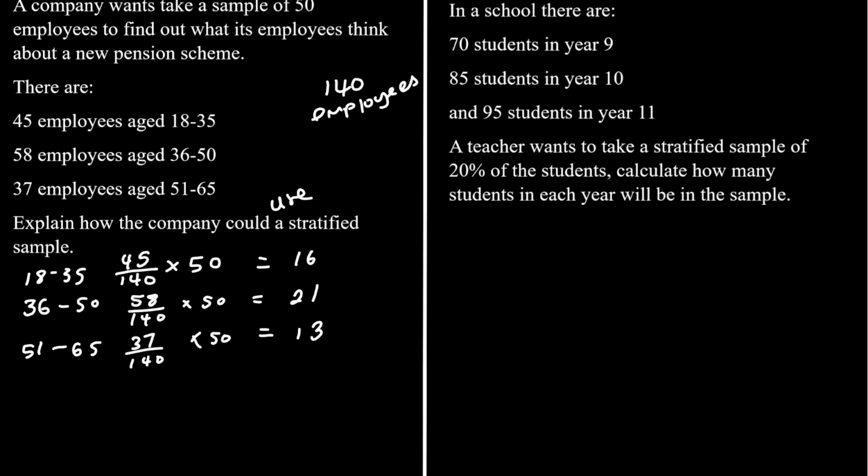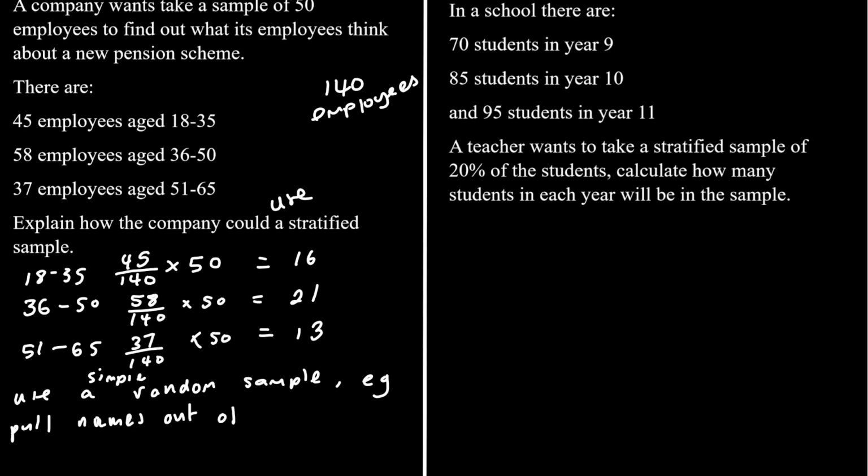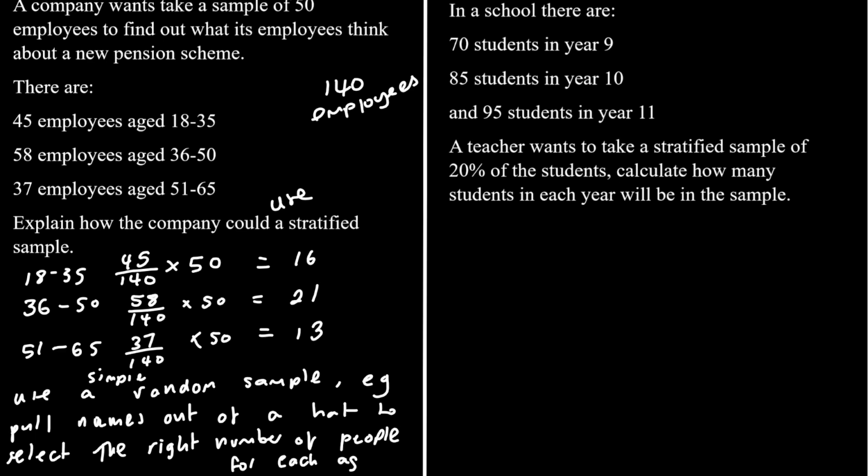So then we will use a simple random sample, e.g., pull names out of a hat, to select the right number of people for each age group.